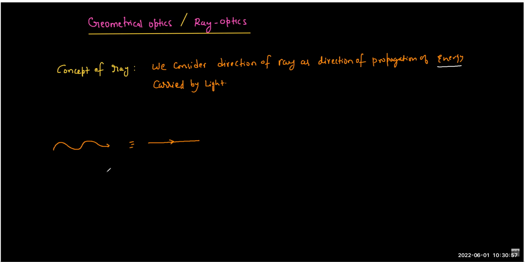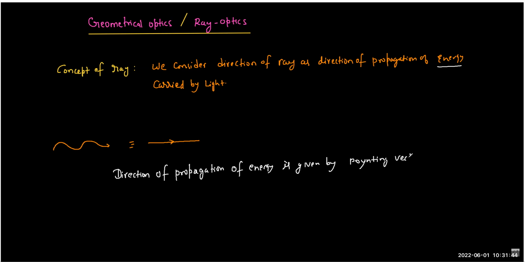Now, you will study later in the chapter on electromagnetic waves that the direction of propagation of energy is given by the Poynting vector. This Poynting vector is very famous in electromagnetism.